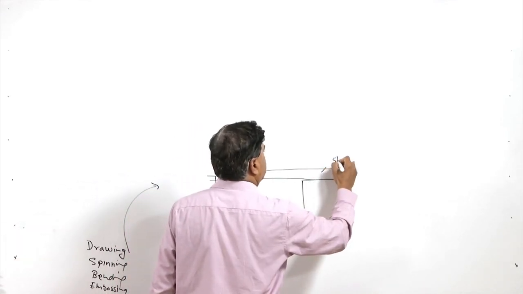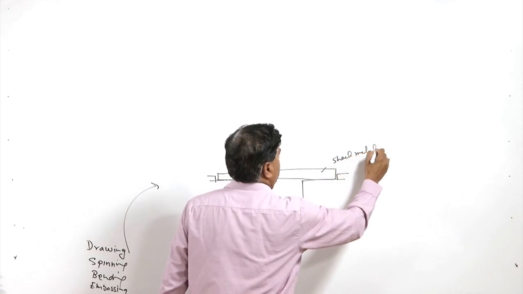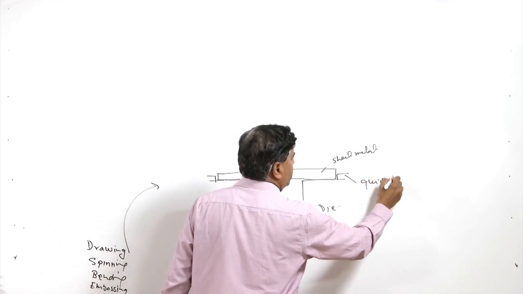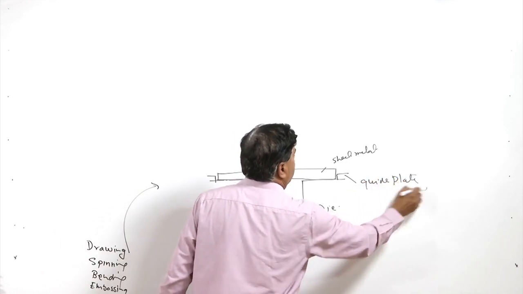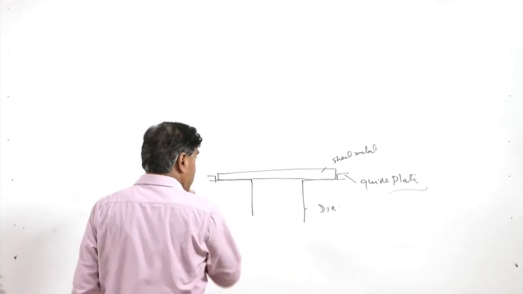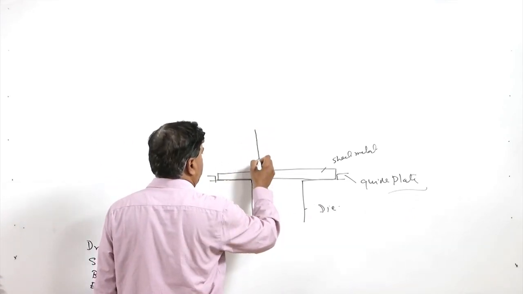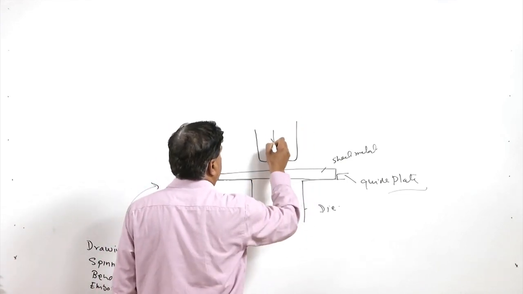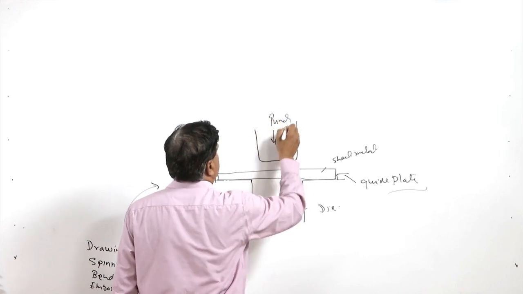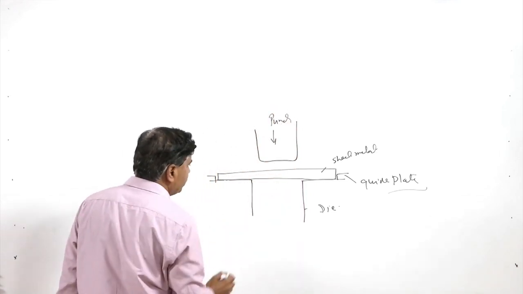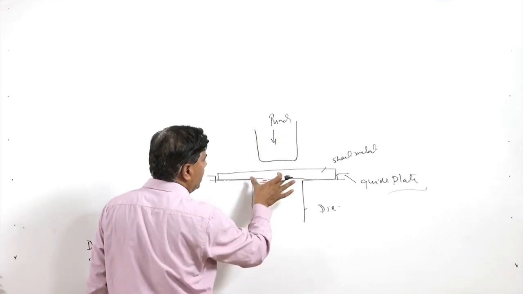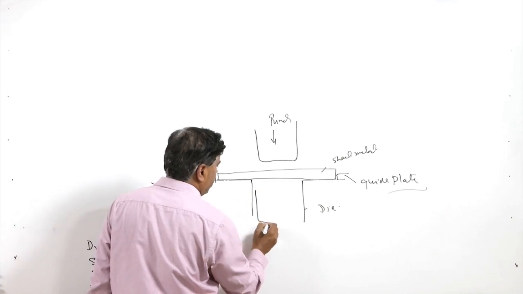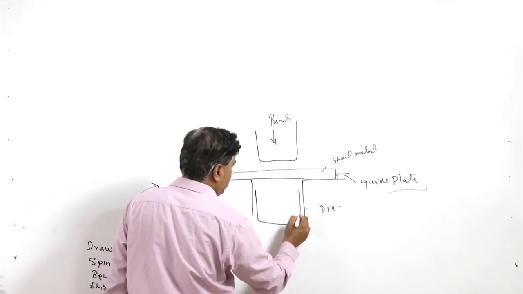So, this is the sheet metal, this is the die, and this is the guide plate. These are placed on both the sides, and the punch will be applying the force from the top. So, this is the punch. When the punch is moved down, it will be deforming this strip, and when it is deformed, it takes a particular shape like this.